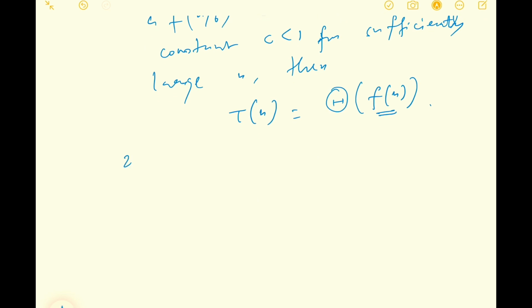The second case is the one that increases exponentially.